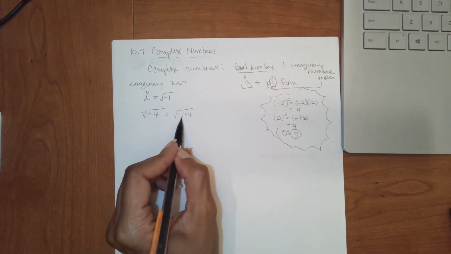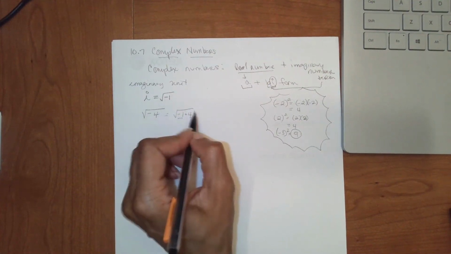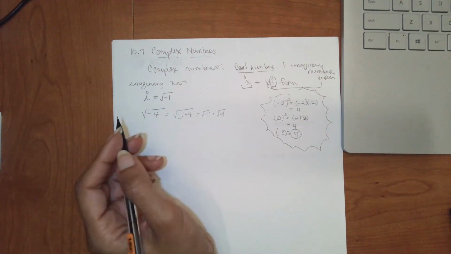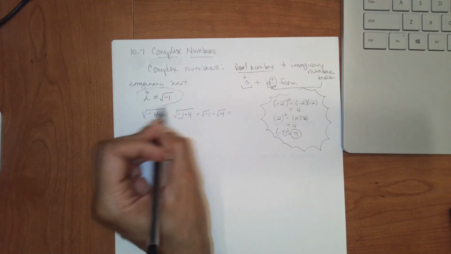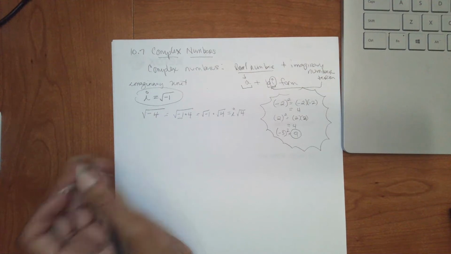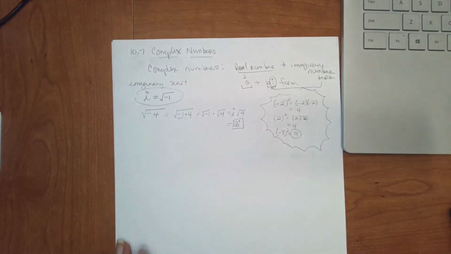So you separate the -1 from the value, so you're really doing the square root of -1 times the square root of 4. The square root of -1 is defined as i, and the square root of 4 is 2. So your answer would be 2i.